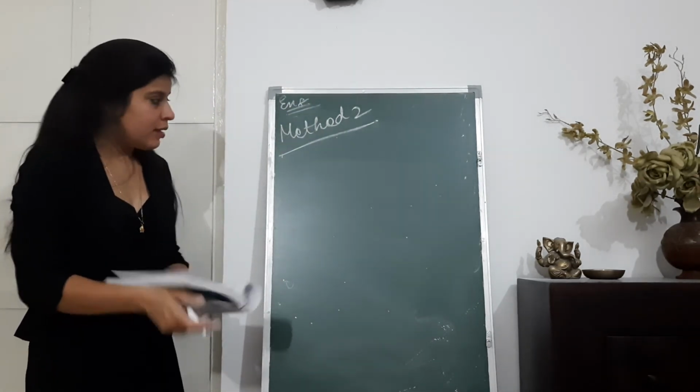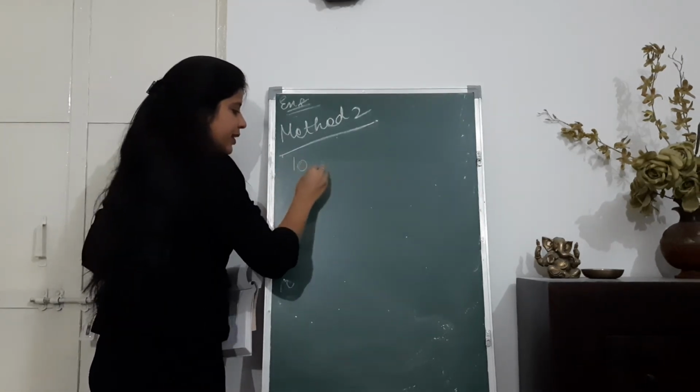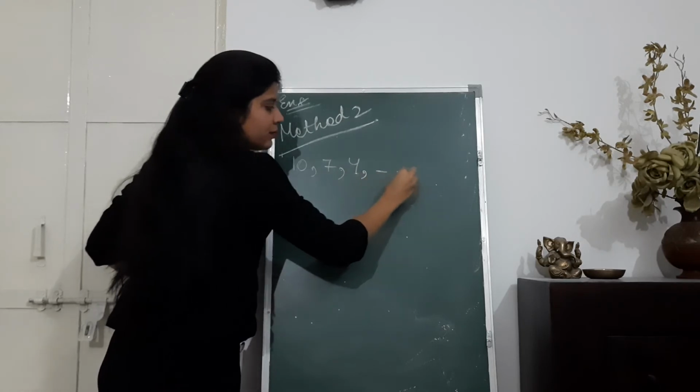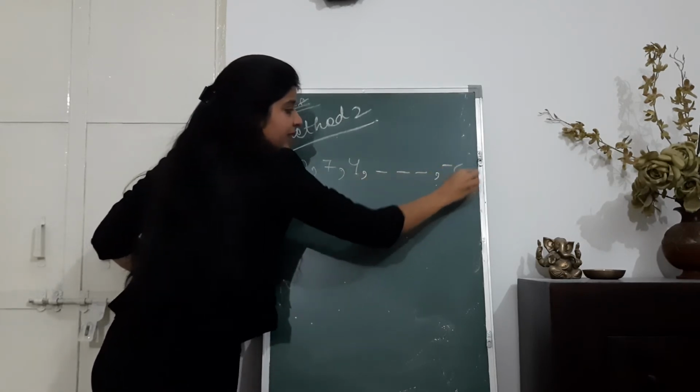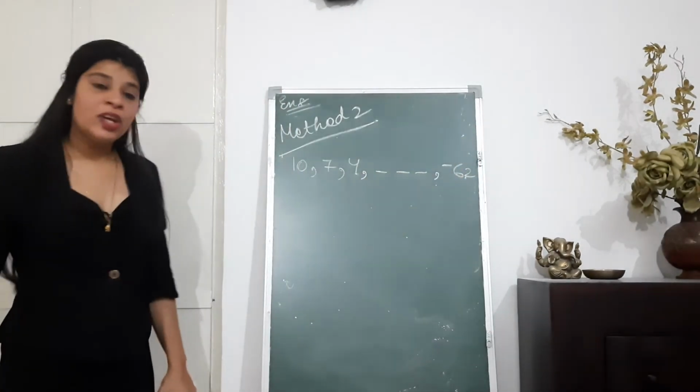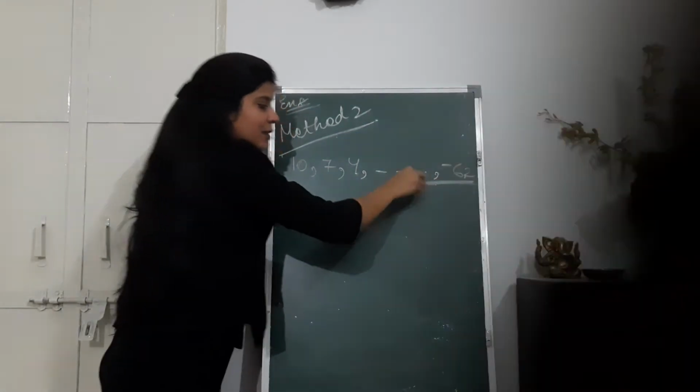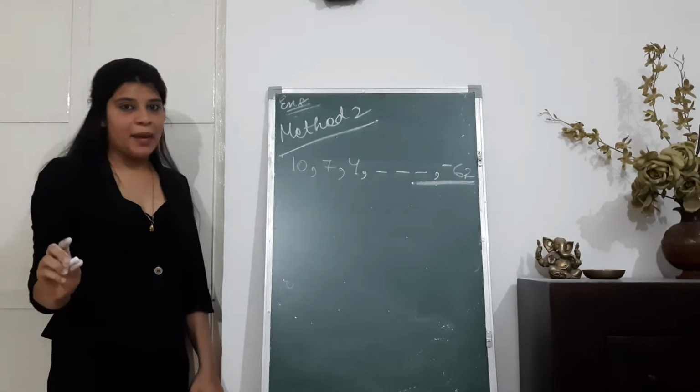Let's see. We know our series is 10, 7, 4, comma, minus 62, right? I need to find the 11th last term of this AP.